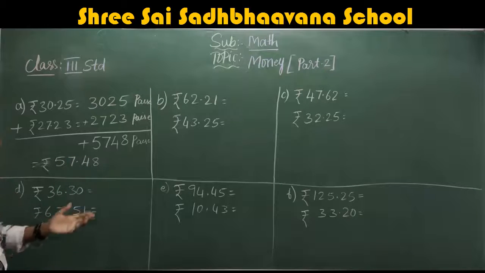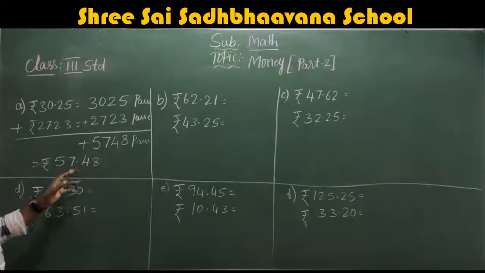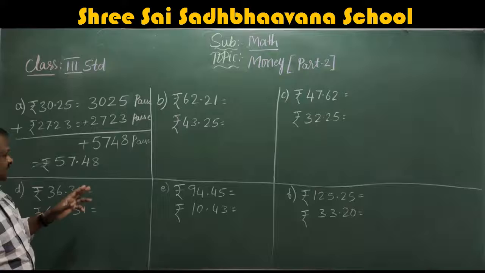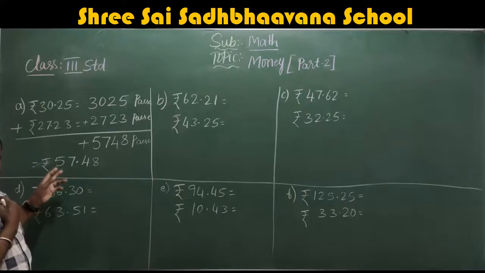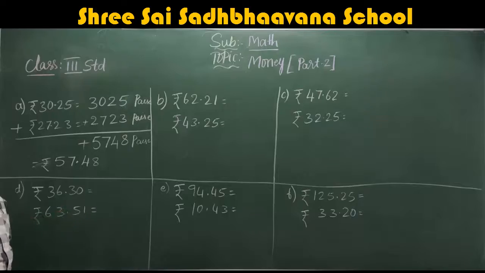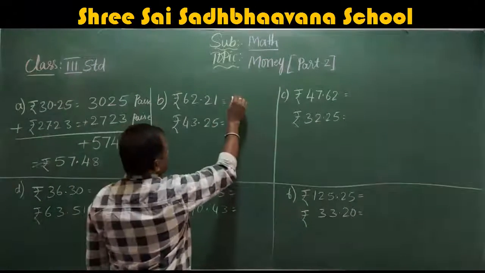Because to write the rupees, from the right side, for the two places put one decimal point, that converts the paise into rupees. So rupees 57.48.